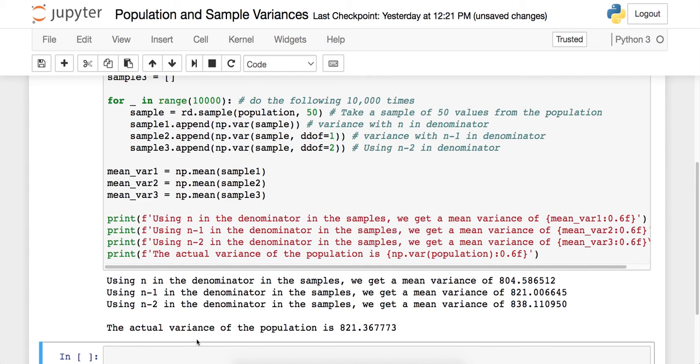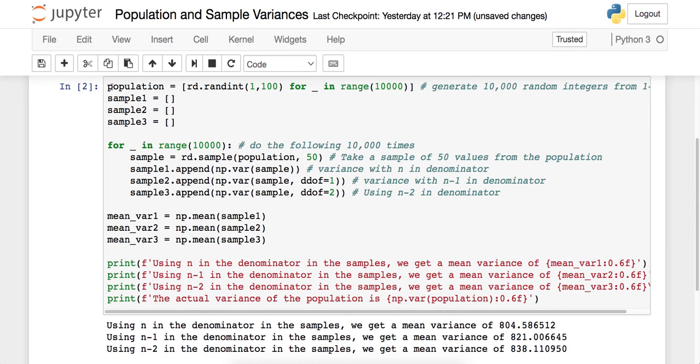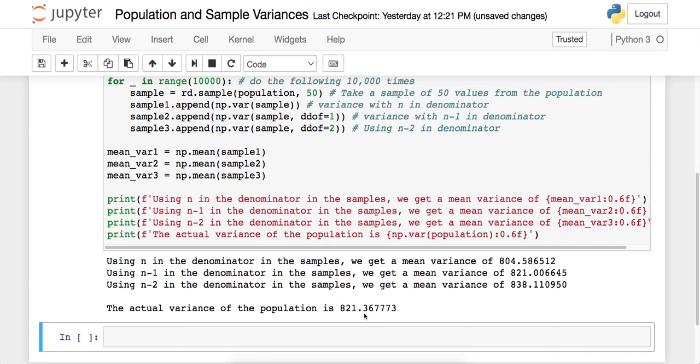And notice the actual variance of the population, which we calculated way in the beginning here for this entire population, is roughly 821.368. Out of these three values, the one that's closest, and significantly close, is using n minus 1 in the denominator for calculating sample variance.